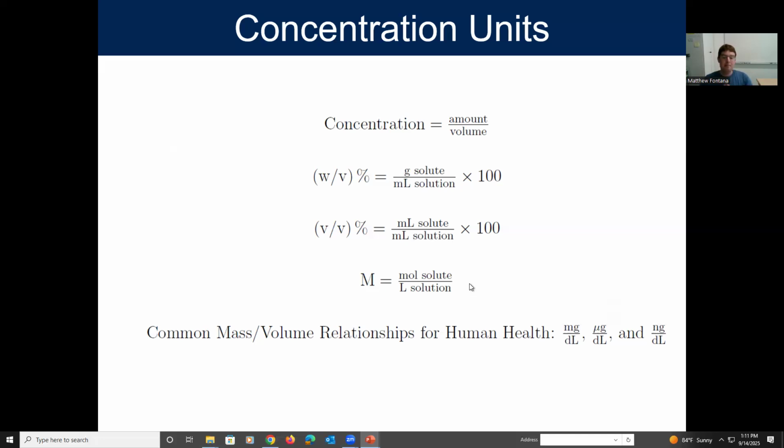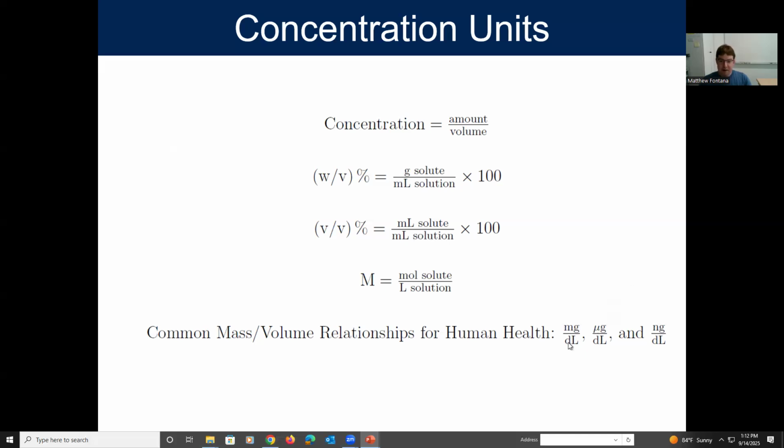Okay. One other thing I just want to point out to you is, if you ever get a blood test, take a look at it and you can notice that for all the different components that they're measuring, these are common units that you'll maybe find in a blood test. Here we have milligrams per deciliter. Deci is times 10 to the negative 1.